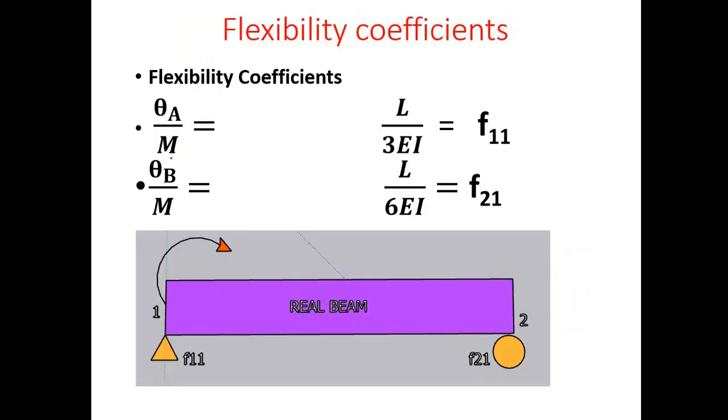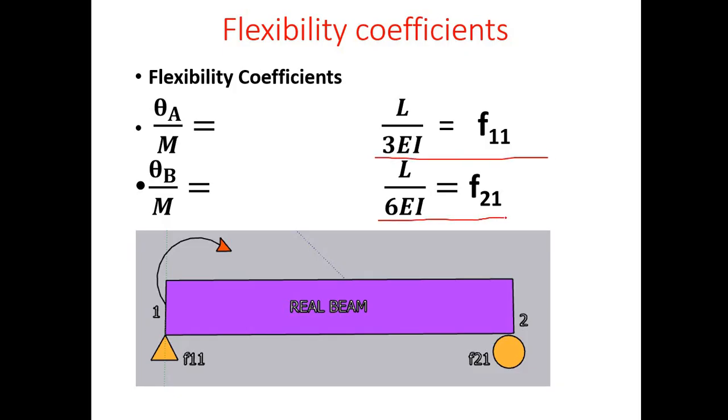Divide theta A by M, you get L by 3EI, that is F11, the flexibility coefficient at 1 due to moment applied at 1. And theta B by M equals L by 6EI, equal to F21, the flexibility coefficient at 2 due to moment applied at 1. So finally the flexibility coefficients are L by 3EI for F11 and L by 6EI for F21.